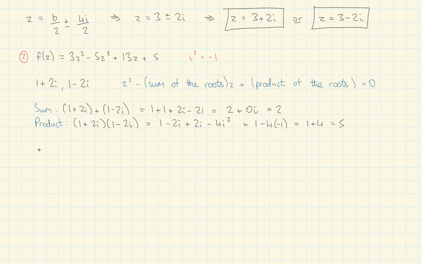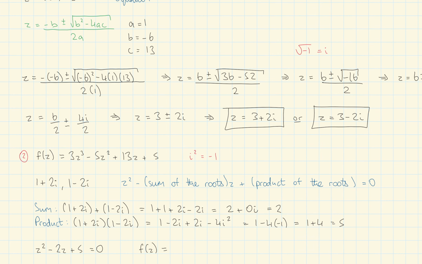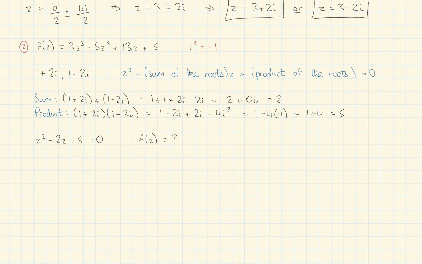And now I just fit it into the formula. So it's z squared minus the sum of the roots, which was 2, times z, plus the product of the roots, equals 0. And they had told us originally that f of z was equal to 3z cubed minus 5z squared plus 13z plus 5.